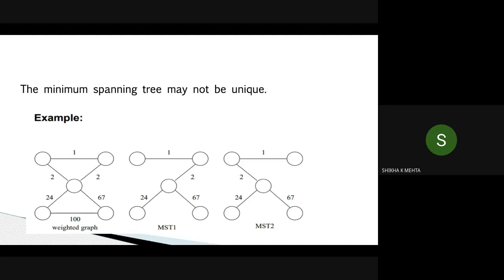So the minimum spanning tree is one in terms of weight, because we cannot have two minima, but we can have different structures of the tree with the same weight. Both structures are acceptable.